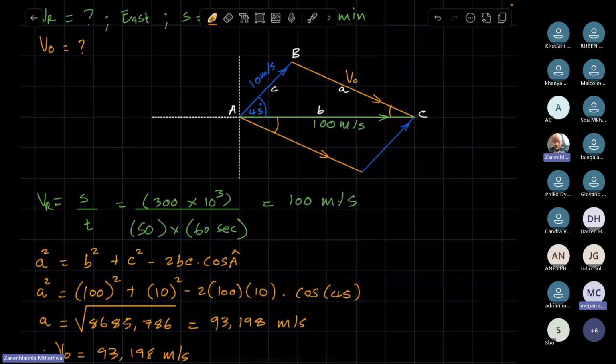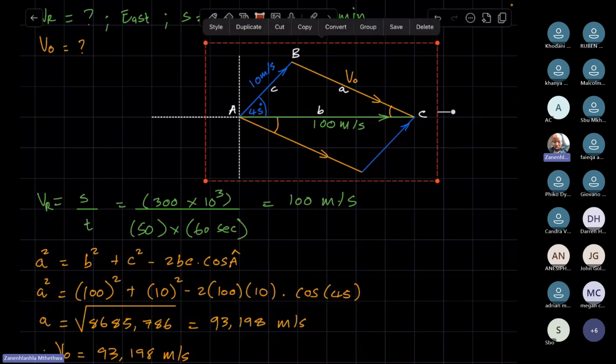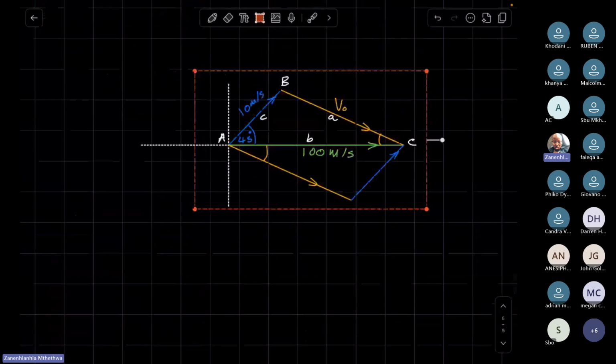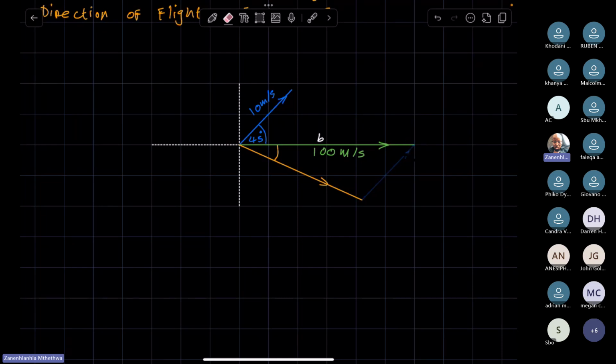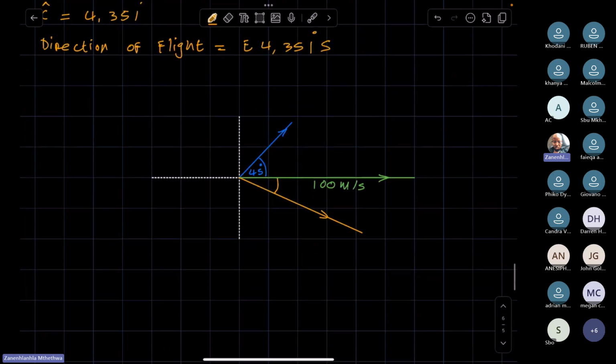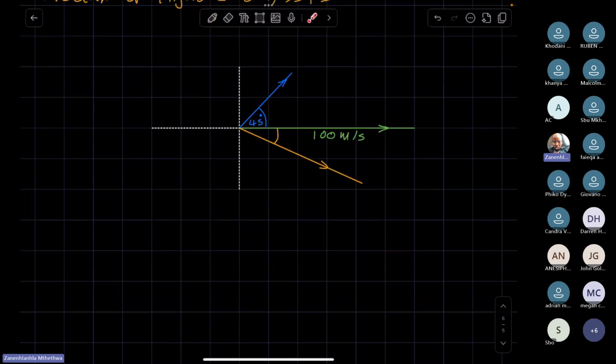So if you're using the method of components, here are the vectors, and because two of our vectors are oblique, you'd have to resolve those into their components.